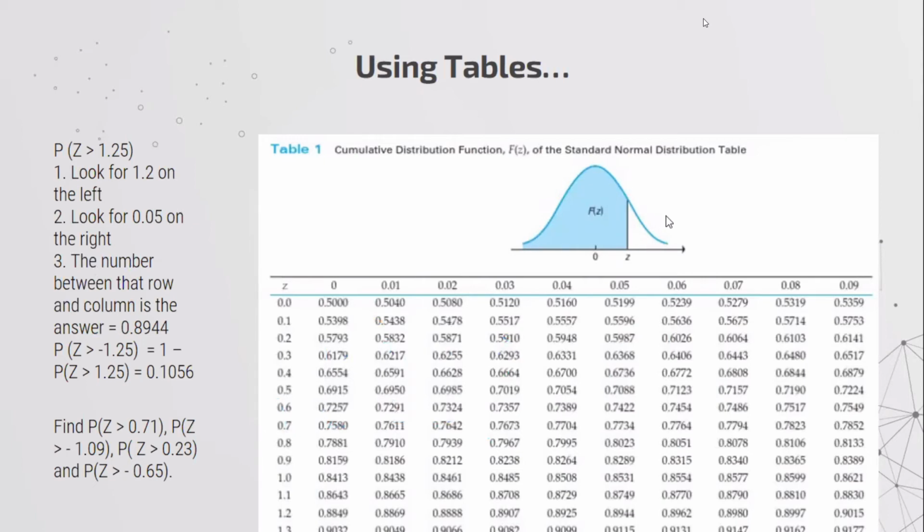So firstly, do you know how to find the probability if z is more than 1.25? It's written on the slide, but still.